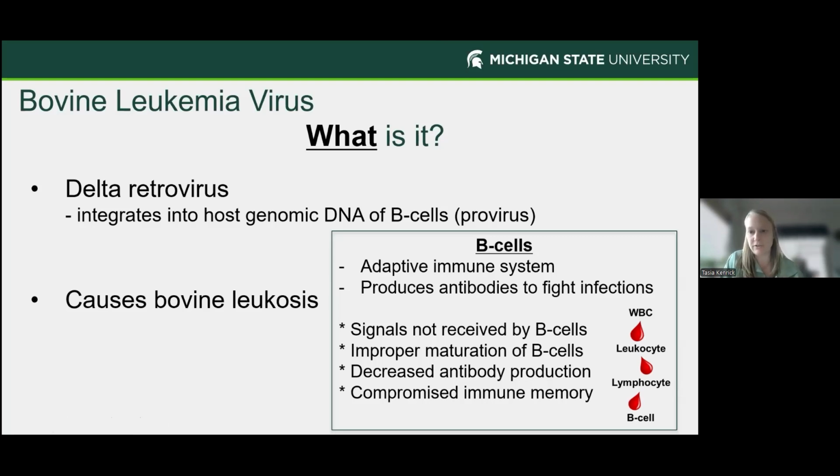There's improper maturation of the B cells that are infected with BLV. There's decreased antibody production and really a compromised immune memory and a compromised immune system, which MSU's Dr. Cousins had done some work on a few years ago, and I'll show you some of those graphs from his research. Bovine leukemia virus is the virus, and you might hear bovine leukosis. Bovine leukosis is what the animal succumbs to, or is the disease, if you want to think of it that way.